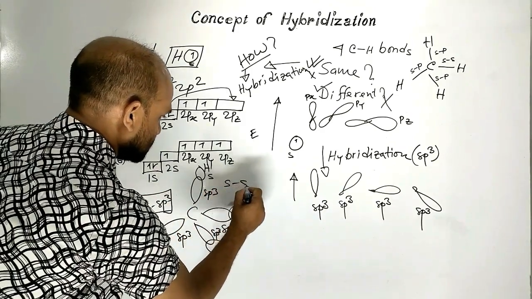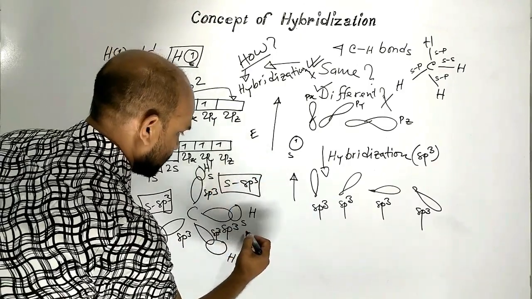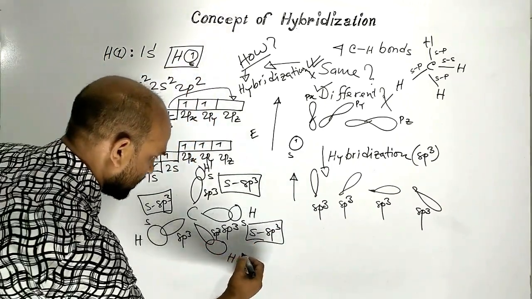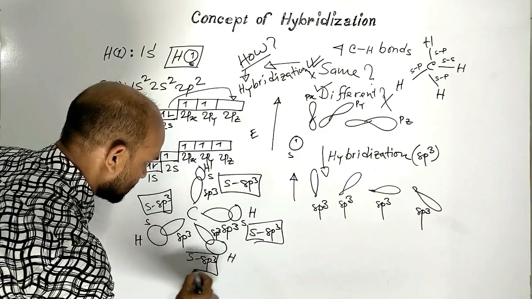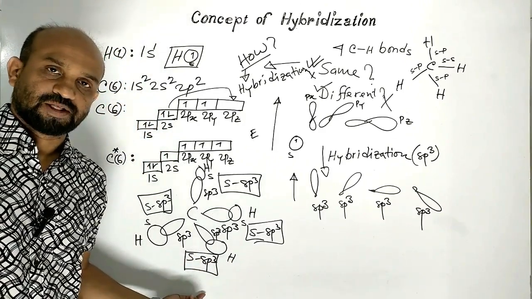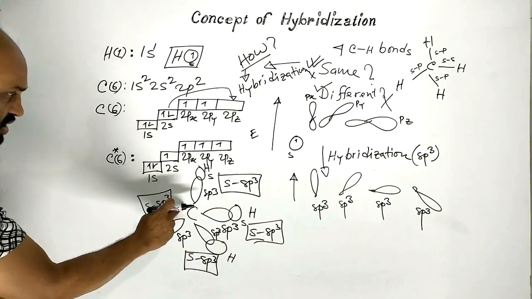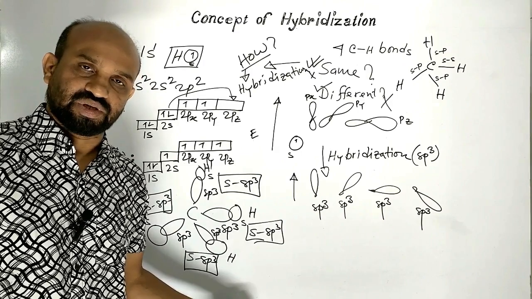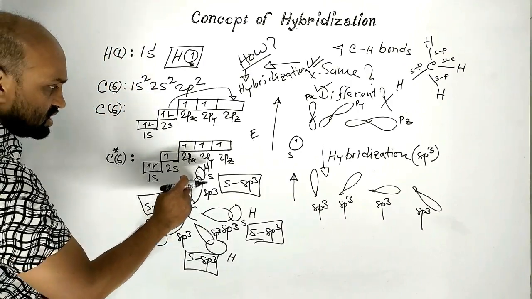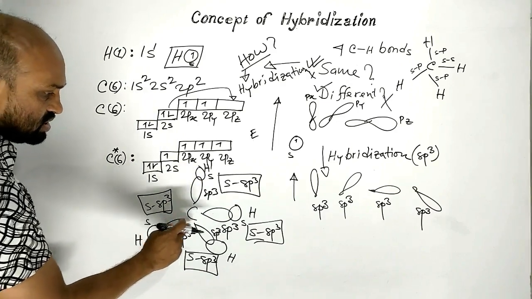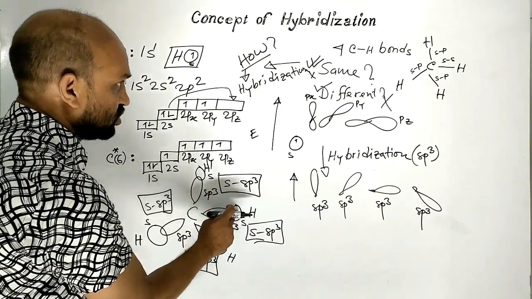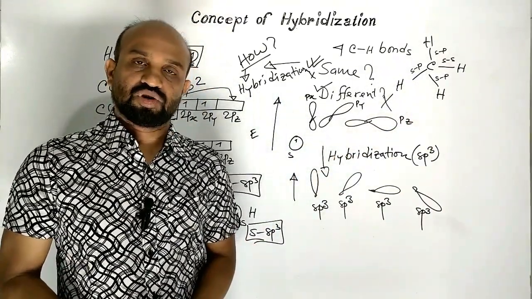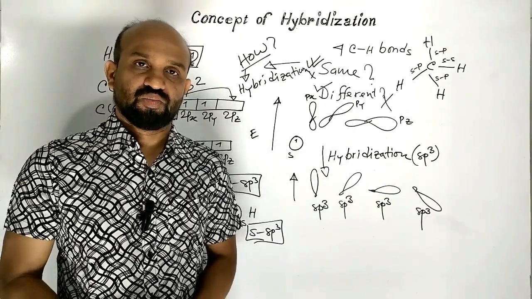This is formed by s and an sp3 hybrid orbital, this as well, and this bond is formed as well. So all four bonds of methane are formed by sp3 hybrid orbitals. That is, the same overlapping happens. So the four carbon-hydrogen bonds in methane are the same, not different.